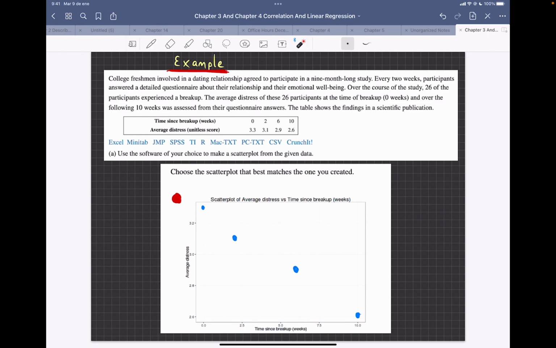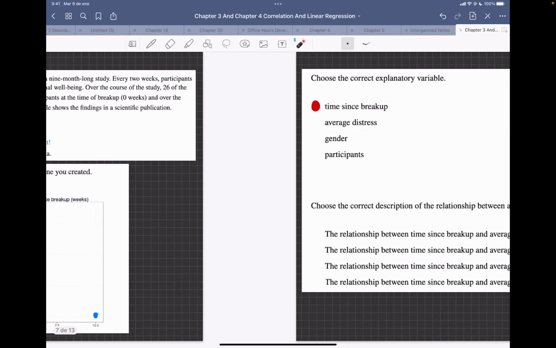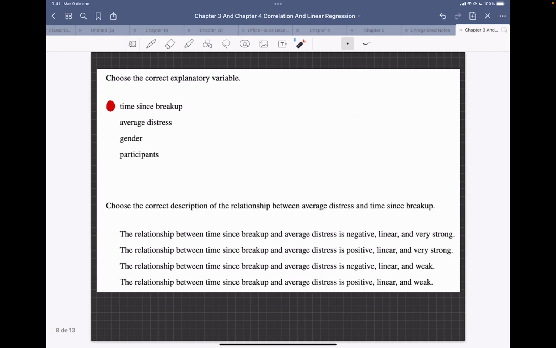Obviously here, the correlation coefficient must be negative. Why? Because as the x values are increasing, the y values are going downward. You see that? The average distress is decreasing over and over. So in this case, the relationship is decreasing. So what is the one we have to choose? Negative, linear, and very strong.